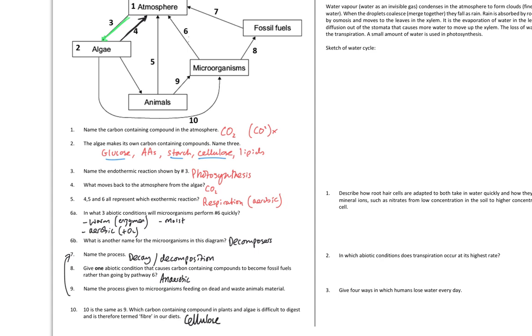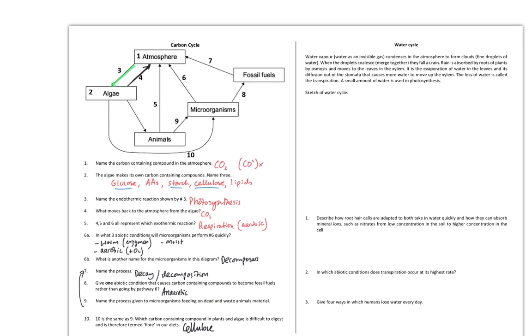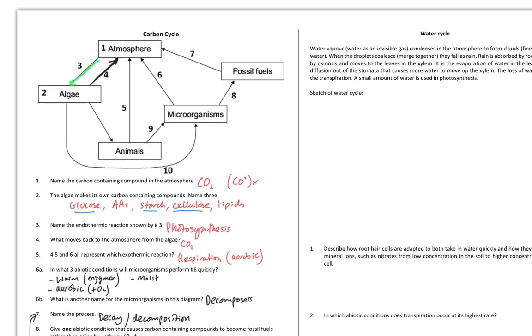Yeah, so often an animal will eat the plants, they'll take in the cellulose, like a cow, then the bacteria start to feed on the cellulose in the gut. And we're just going to add a couple more bits to this carbon cycle.